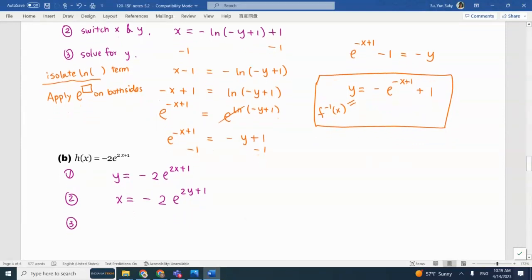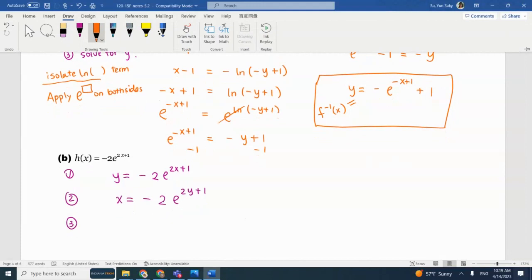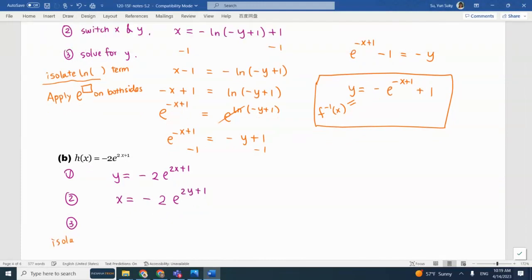So here, if you see an exponential term, you want to isolate the exponential term. Isolate means we want to have that term on one side by itself. Yes, divided by -2. Is that okay, everybody?